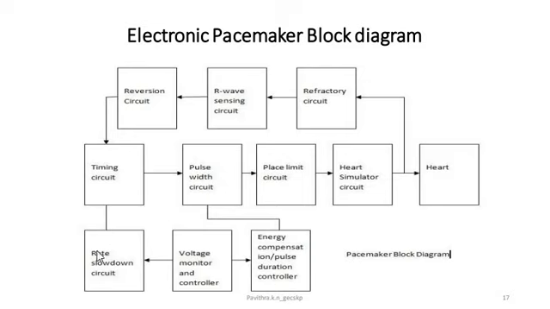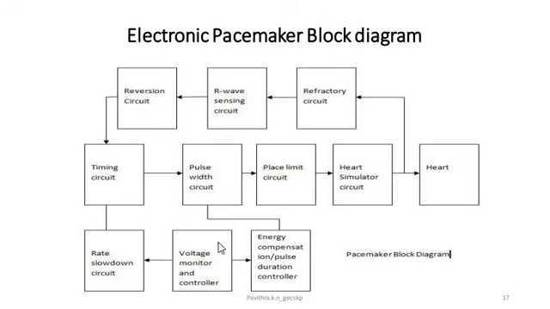Next one, rate slowdown circuit. It is a special circuit which slows down the heart rate during certain conditions such as cell depletion. The cell depletion is monitored by the voltage controller circuit, and whenever cell depletion occurs, the monitor or controller circuit activates the rate slowdown circuit.